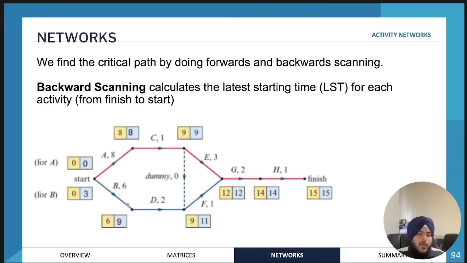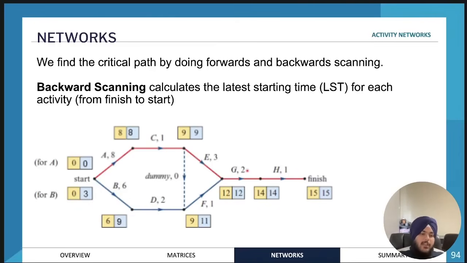Because here we were going like this, and here we're just going like this. So 12 minus 1 is 11. And then for D, 11 minus 2 is 9. And then 9 minus 6 is 3.